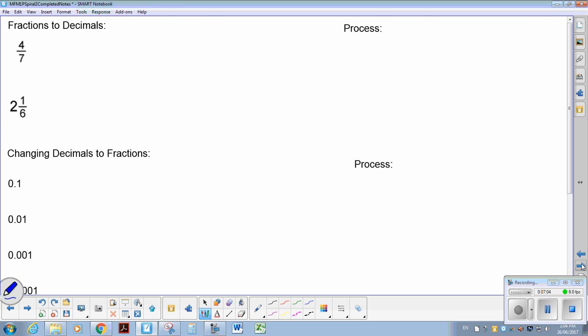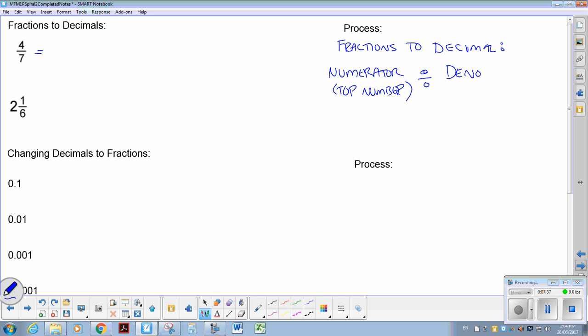Okay, fractions to decimals. So you should be comfortable with this from grade 7, grade 8. So 4 over 7. I've got the process over here. So if we're going fractions to decimal, we need to take our numerator, that's your top number, and divide by your denominator, that's your bottom.